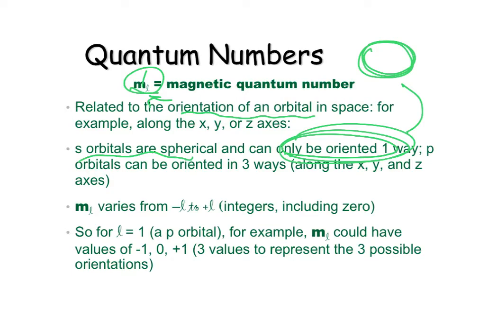Okay, so that means that, well, I'm getting ahead of myself. Let's take a different example. Let's talk about if L equals 1, so that's a p orbital. And remember, p orbitals are figure 8s or dumbbell shaped.